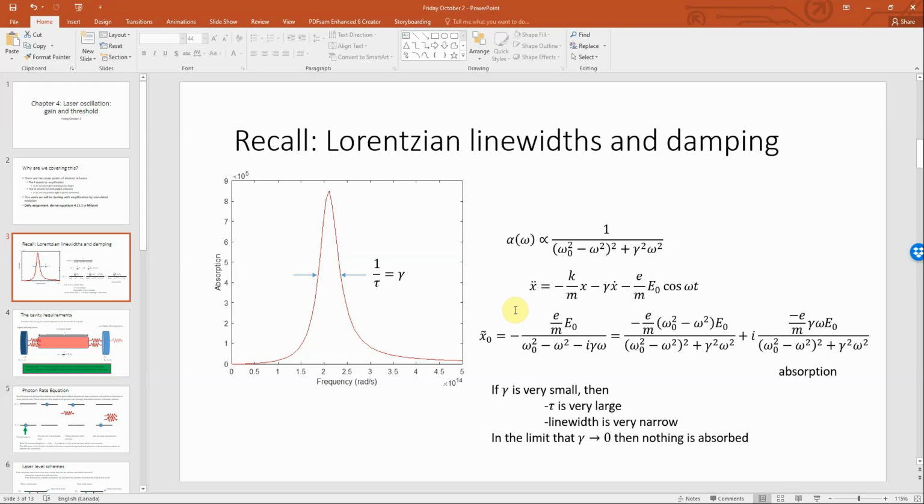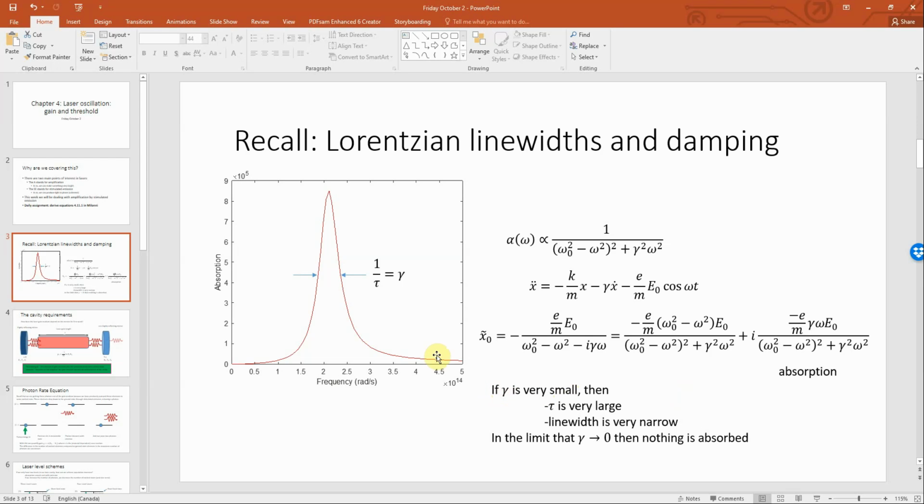We get a complex amplitude of this oscillation, where the real part leads to the index of refraction and dispersion, and the imaginary part leads to absorption.